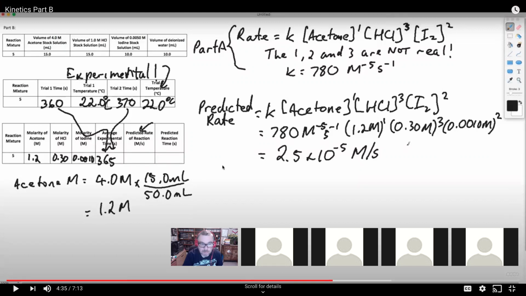And then that's how you'll get a predicted rate. Sorry, no, the predicted rate will come from these concentrations and the value of K here. And then you'll be able to use this time to figure out what's going on with the other thing here. So predicted rate will be based on the K and the concentrations that you calculate from over here.